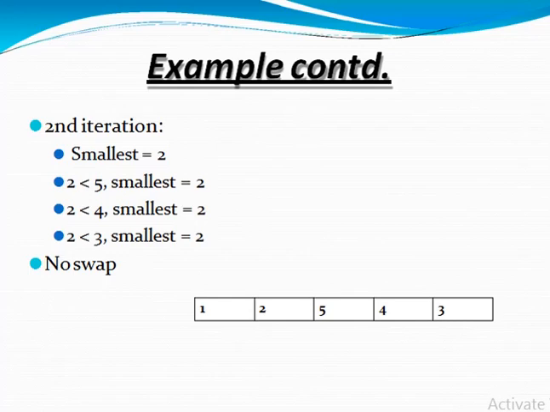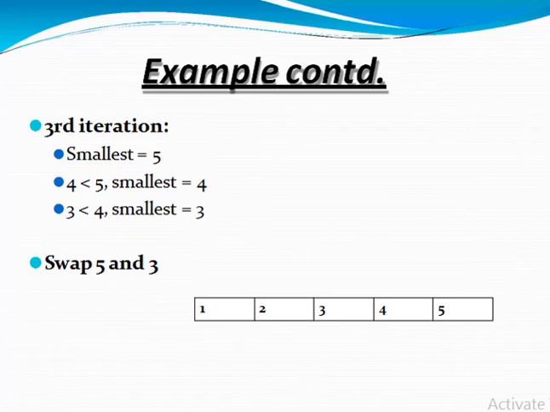Now the next iteration, the third iteration, I can say that 3 is the smallest value in the given list. Compare 3 with 5, compare 3 with 4. After comparing 3 and 4, we came to know that 5 is in the position of 3.